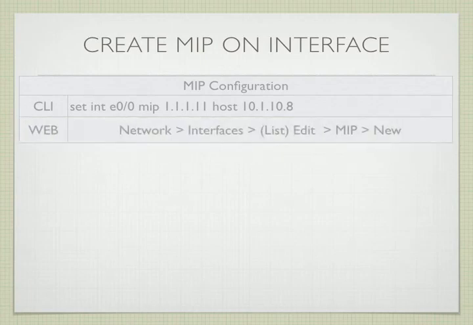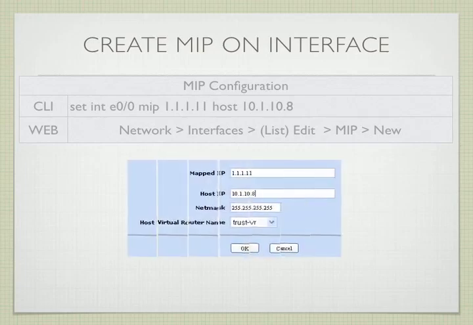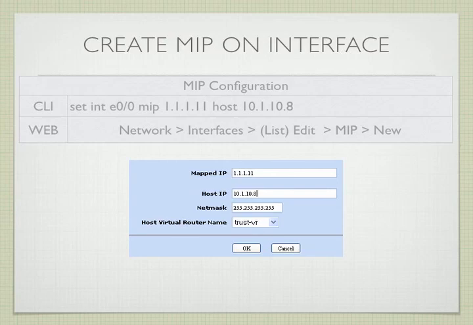This is again interfaces, so we're going to edit the interface, go to the MIP tab, choose new, and fill out the form. And that gives a one-to-one single address translation based on the net mask.